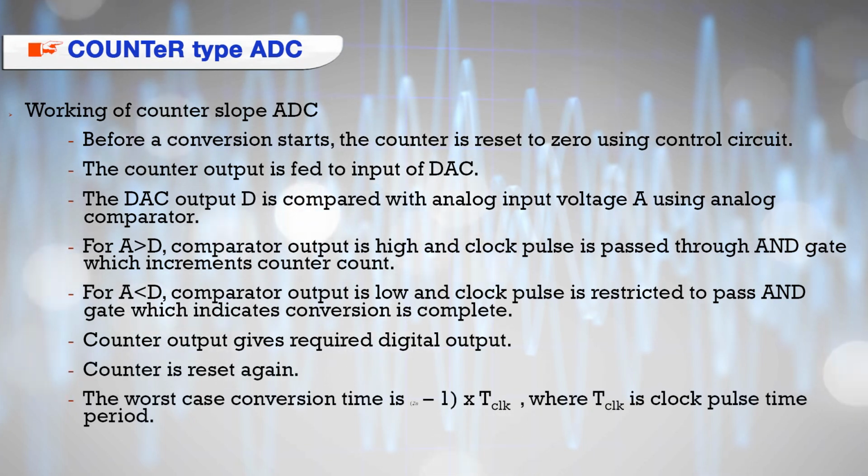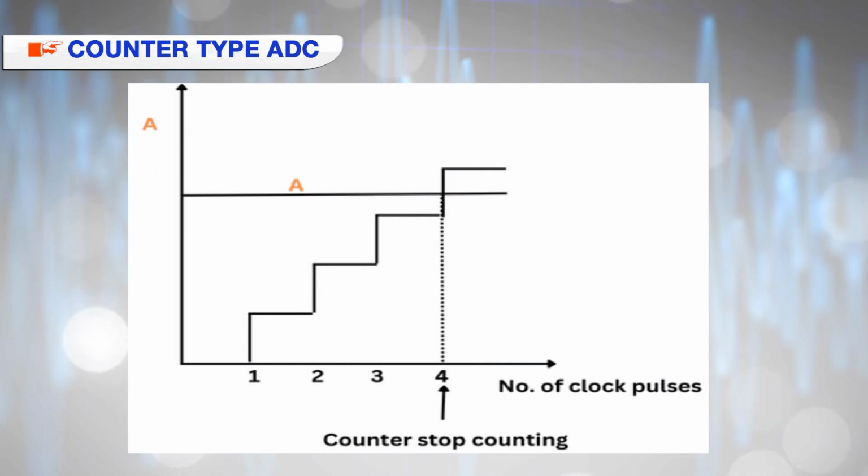This way the counter will continue counting and the output of the DA converter will also go on increasing and continuously the comparator will compare the voltage with the input voltage. As soon as the DA converter output exceeds the analog input voltage, the output of the comparator will become 0. Now clock pulse cannot pass the AND gate and the counter will stop counting.